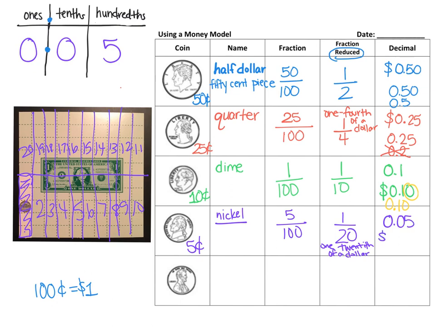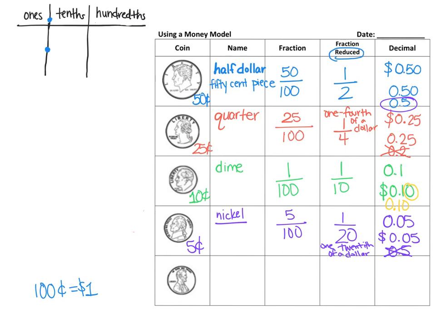We can write it with a dollar sign. But we cannot write it without this 0, because this would be the decimal for 50 cents, or 1/2. So that would not be correct for 5/100ths, or a nickel's worth.